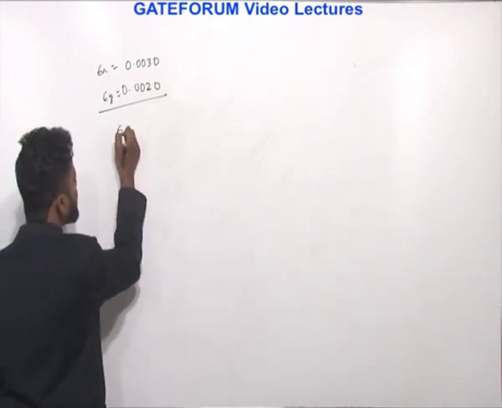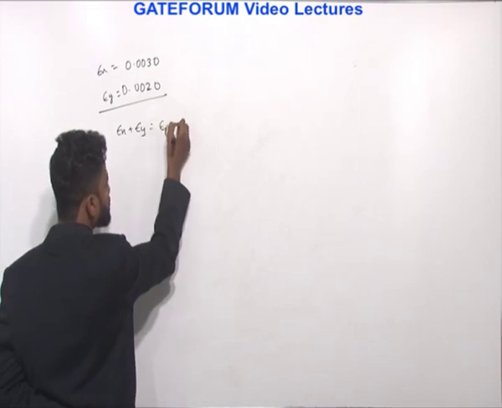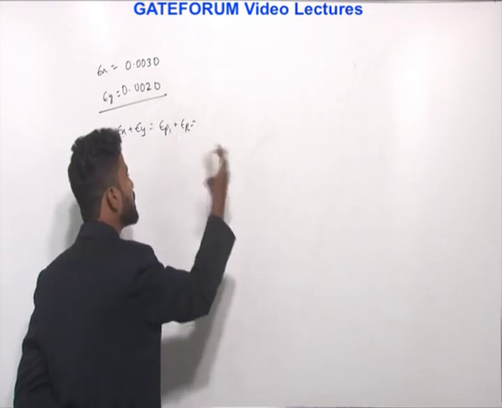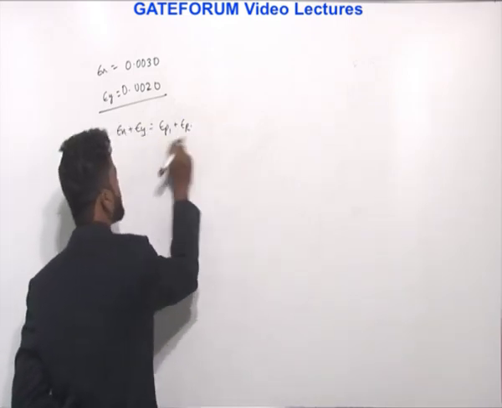So if you remember, the strain invariant: εx plus εy is equal to ε_p1 plus ε_p2.